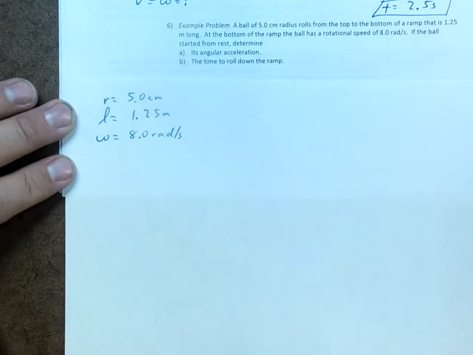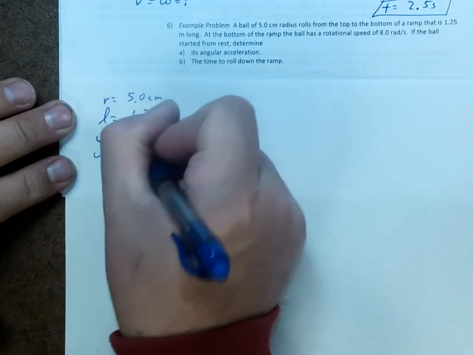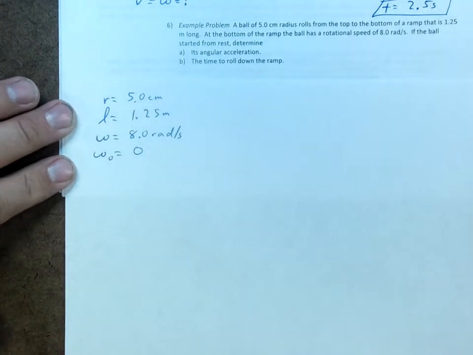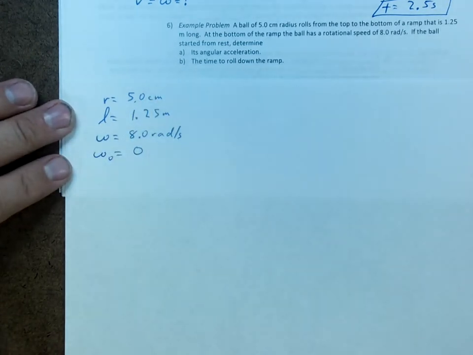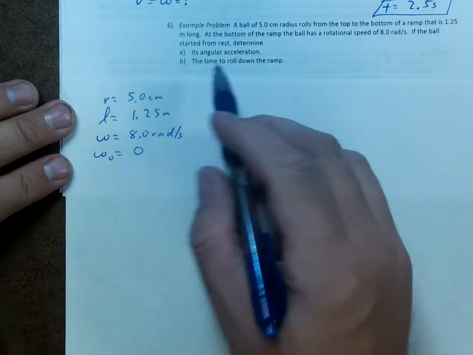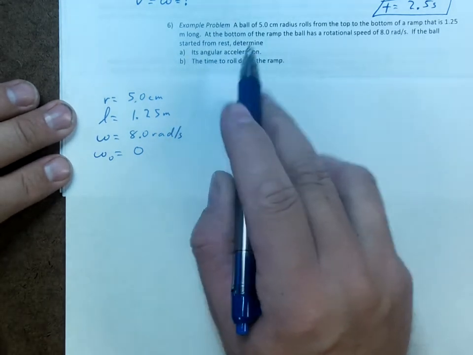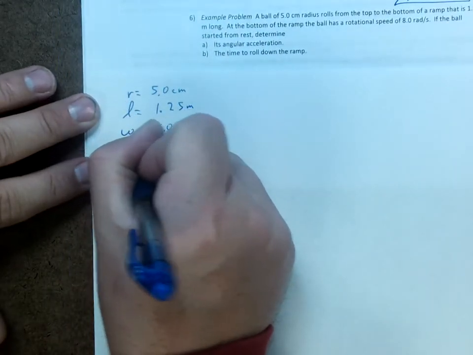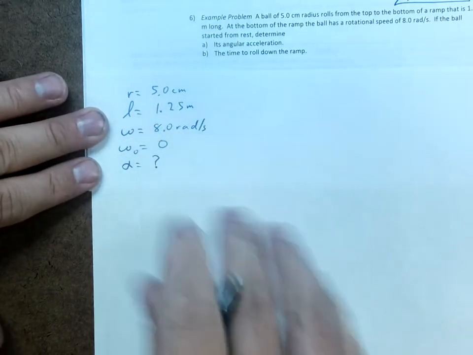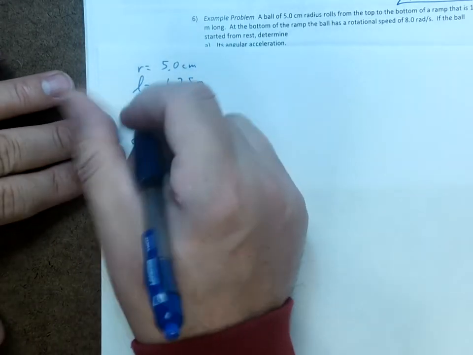That's my final rotational speed. Presumably, we started at rest at the top of the ramp, so ω₀ is 0. And it says, if it started from rest, determine the angular acceleration, alpha, and the time to roll down the ramp.